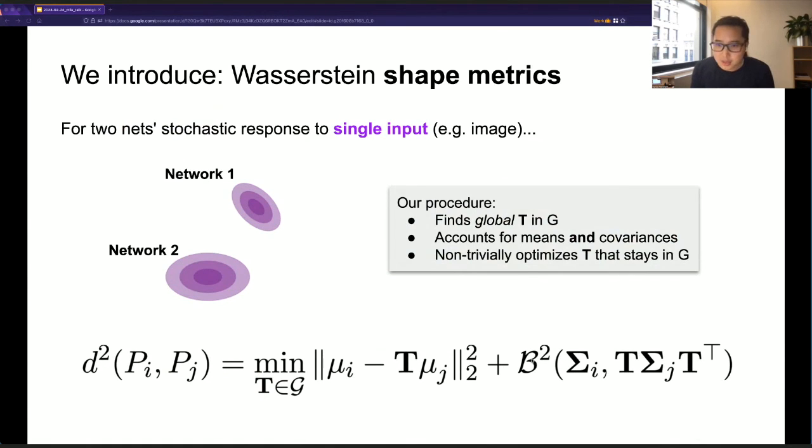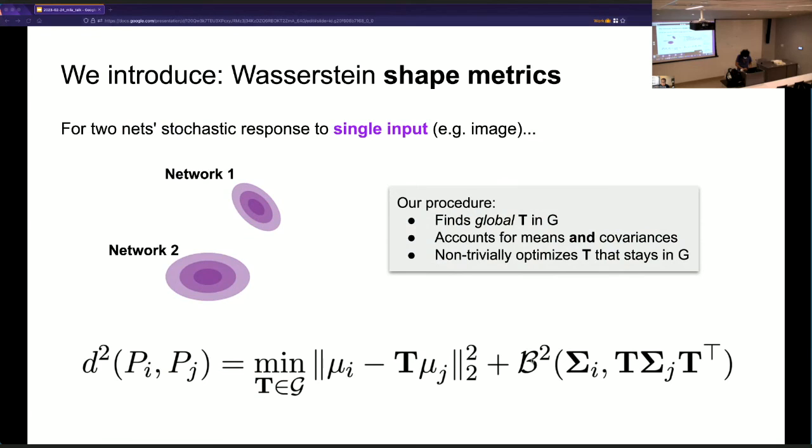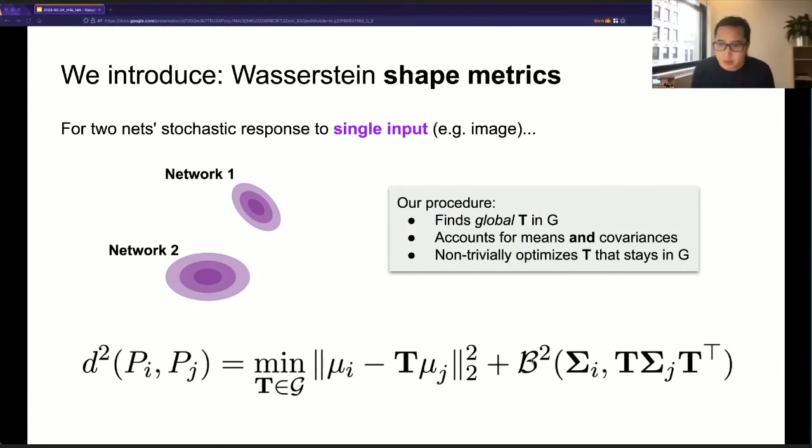Yep, thanks. I think there's a question in the chat. Is this method better able to cluster networks by their classification accuracy because discriminability is taken more into account relative to previous RSA methods? Yeah, that's an interesting question.